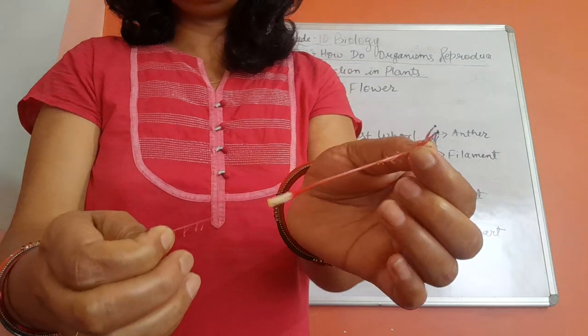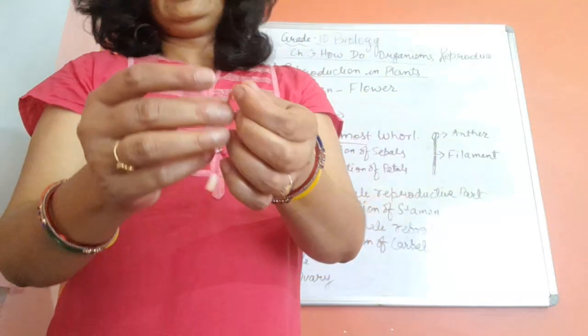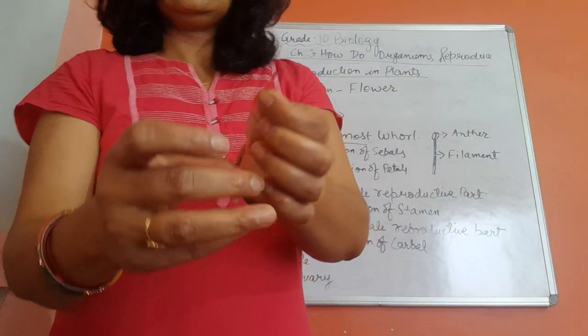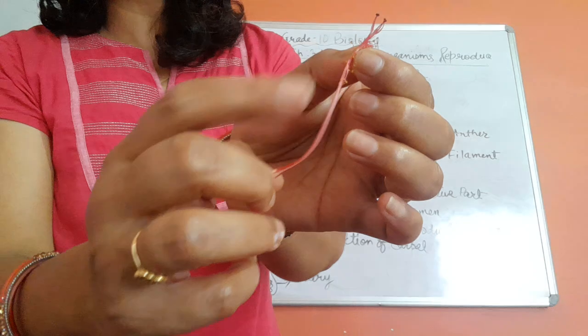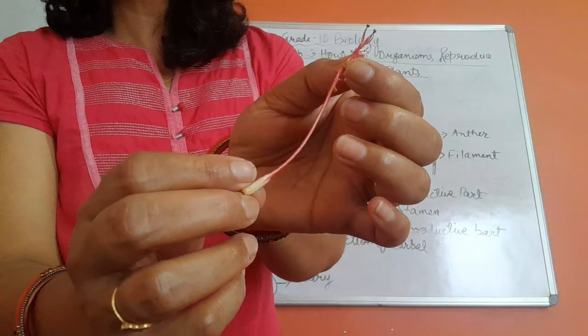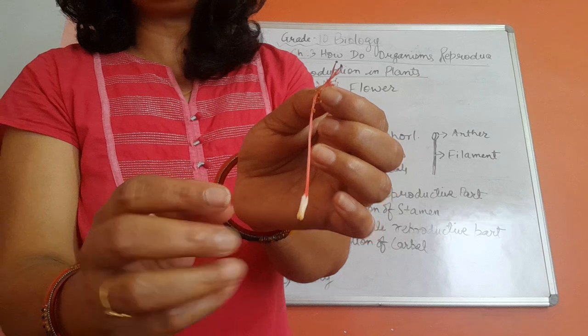I am tearing out the tube, and inside this tube, as you can see, there is a white structure. This white structure inside the red tube is style, through which pollen grain enters, that we will read in pollination.